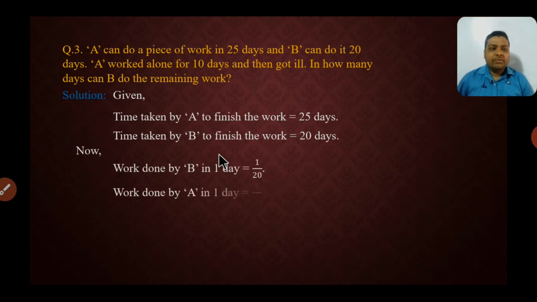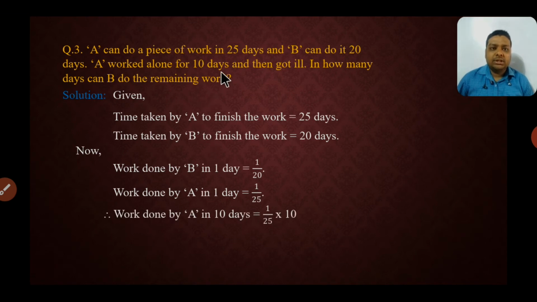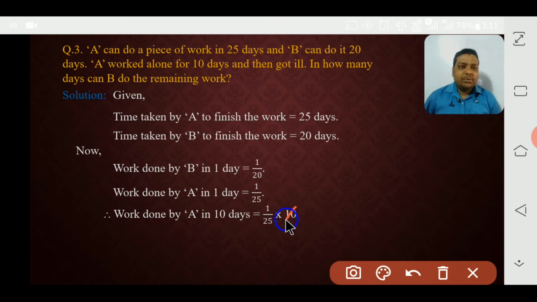Okay. At first we will write B, then A, because A worked alone, so we will write A last. Now since work done by A in 1 day is 1 by 25, we can say work done by A in 10 days, because he has worked 10 days, is 1 by 25 into 10. 5 2s are 10 and 5 5s are 25.